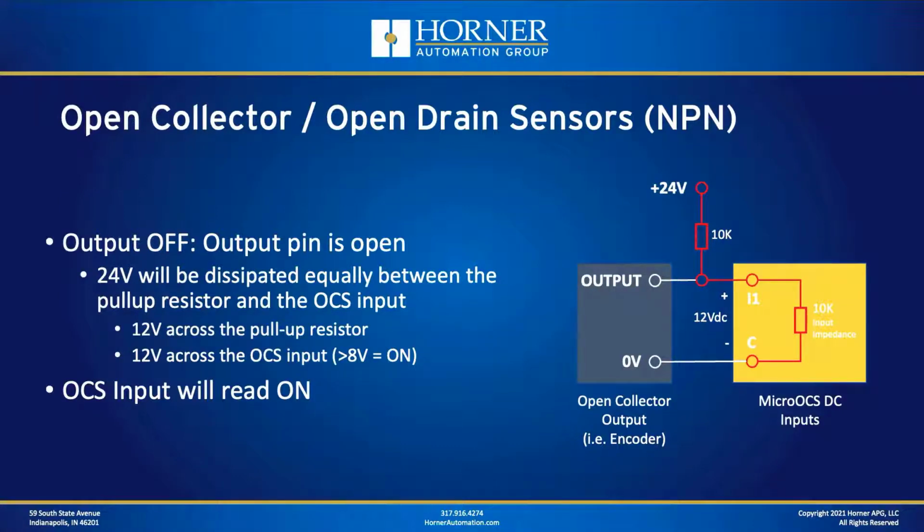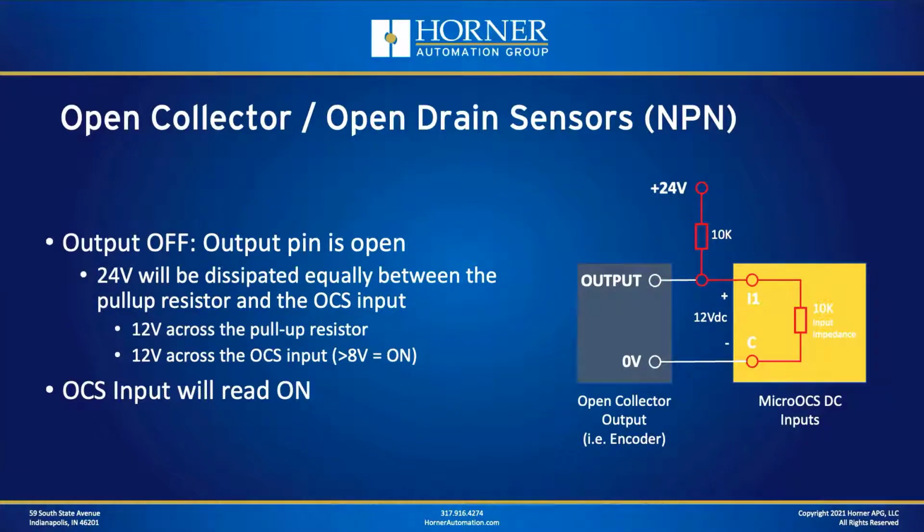That results in having 12 volts across the input pins on the OCS, which results in an on, because everything over 8 volts is going to be an on. So even though the open collector output is off, the OCS will see that as a 1 or an on.